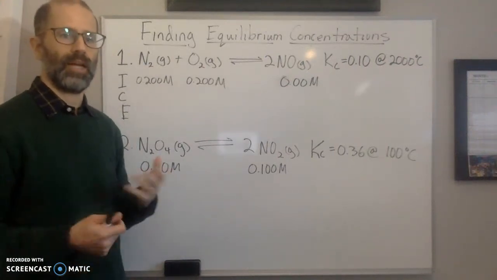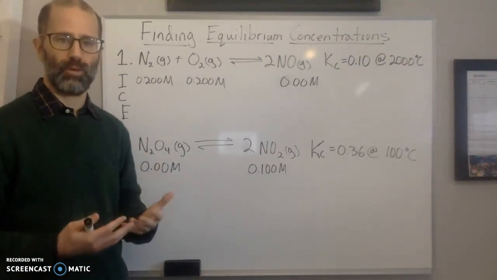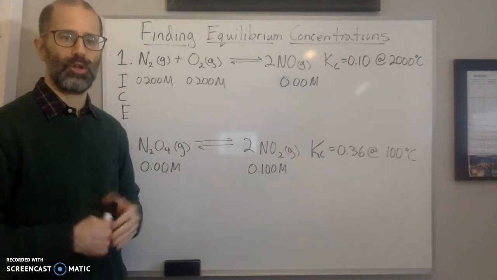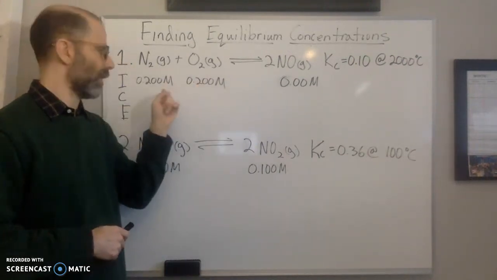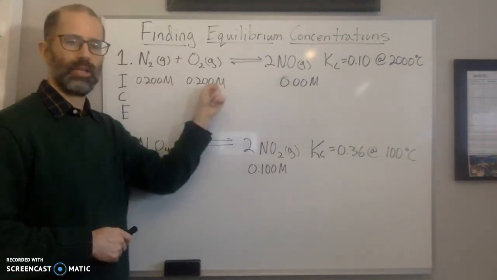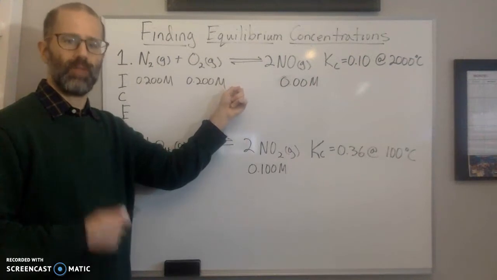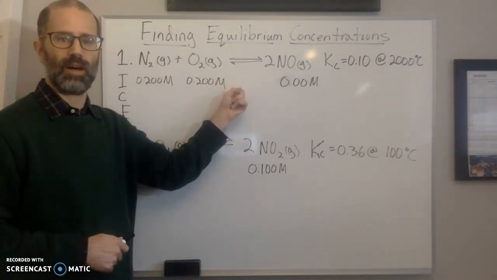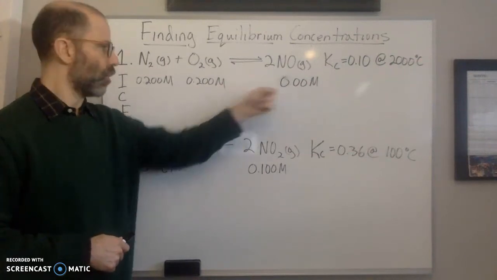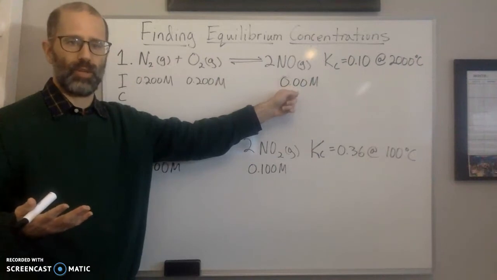But you should be in the habit of calculating the reaction quotient before you start your problem, because you could be given a situation where the initial concentrations are all non-zero. I could have a concentration of reactant already, and I don't know if it's at equilibrium or not.